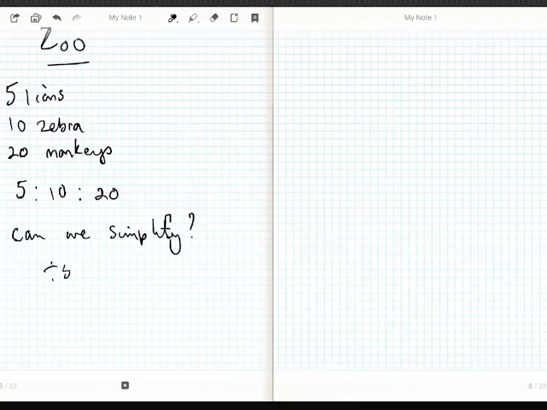So we can divide all of them by 5, and that will give us a ratio of 1 to 2 to 4. And this would be known as an equal ratio.